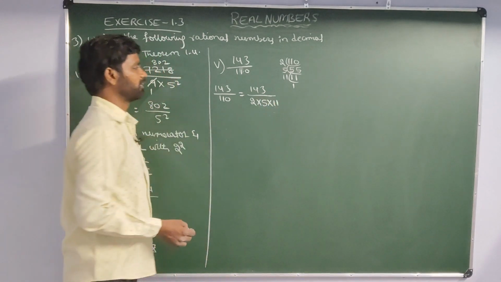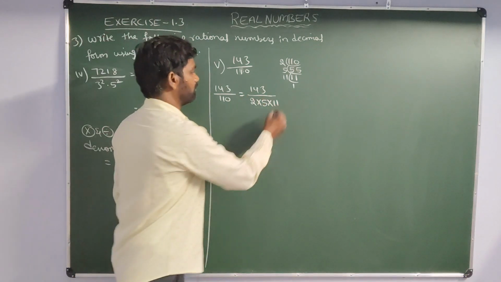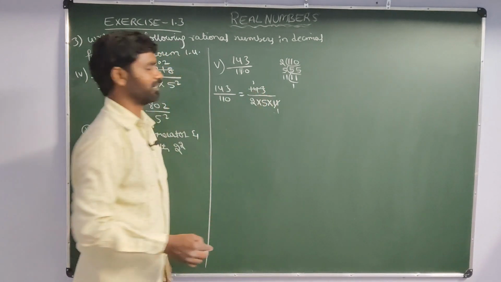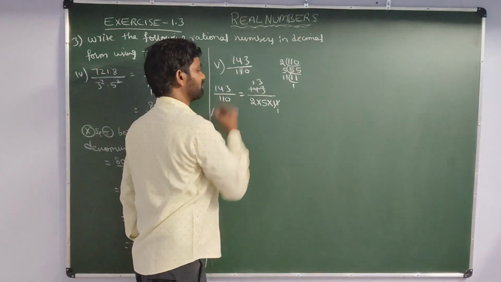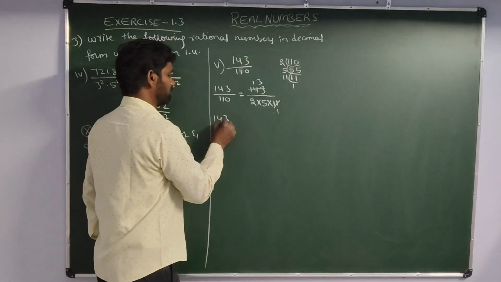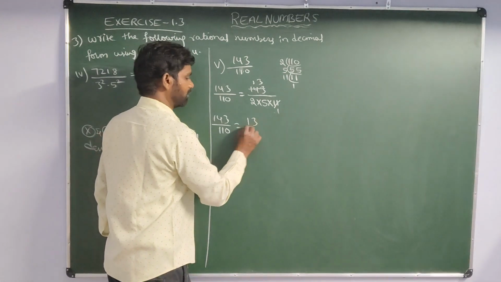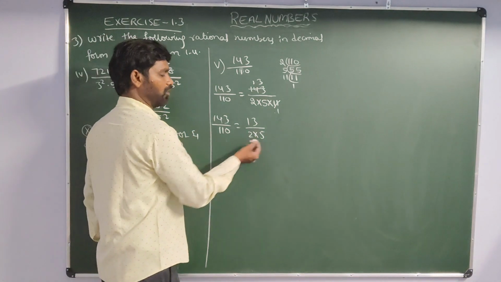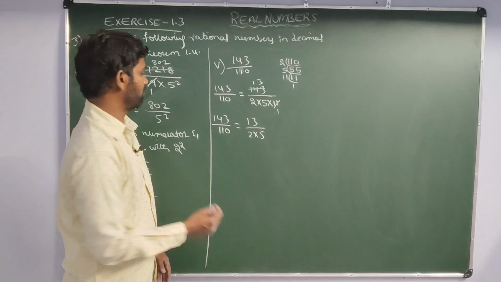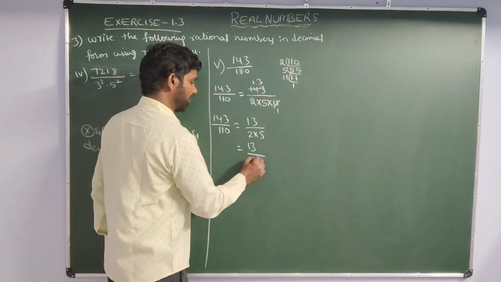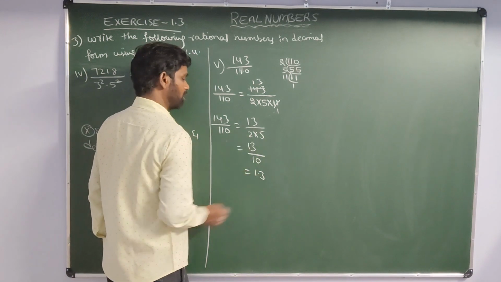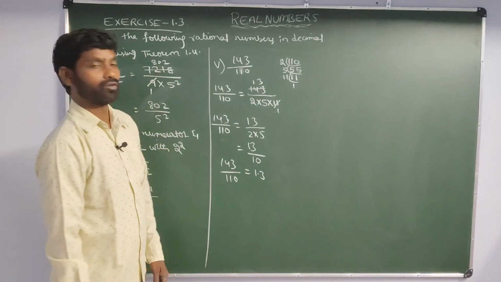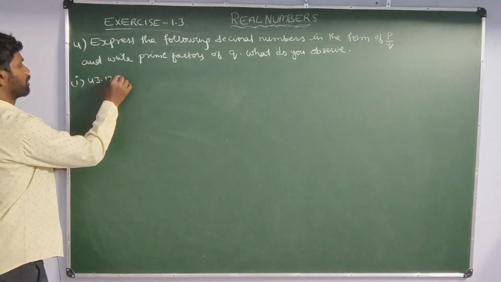So there is a possibility we can cut by using the 11 table. 11 ones are 11, 11 ones are 11, 3 remains, 33, 11 threes are 33. So we get 143 divided by 110 is equal to 13 by 2 into 5. So directly the denominator is in the form of 2 power n into 5 power m. So we can write that as 13 by 10, or simply 1.3. So 143 divided by 110 is equal to 1.3.